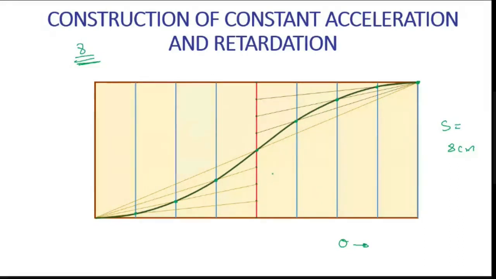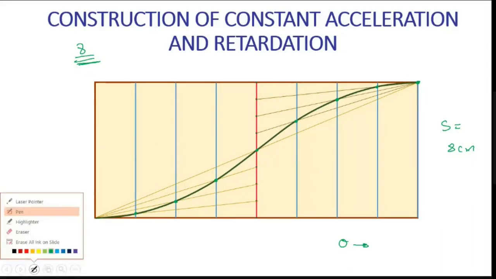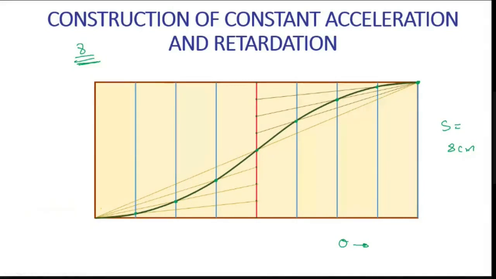So how to draw this for retardation? How did we do it for the rise? For the fall, the other two sides you have to connect. I have to join these two lines, then join like this: 1, 2, 3 and this one.